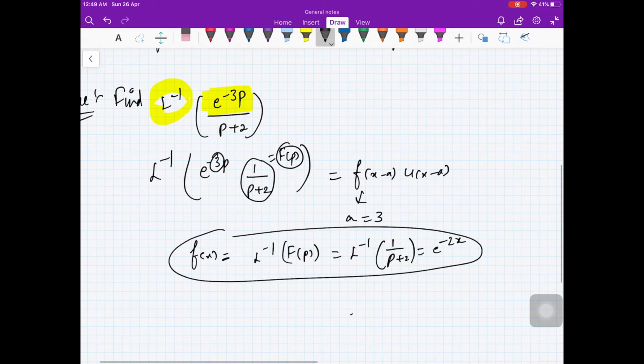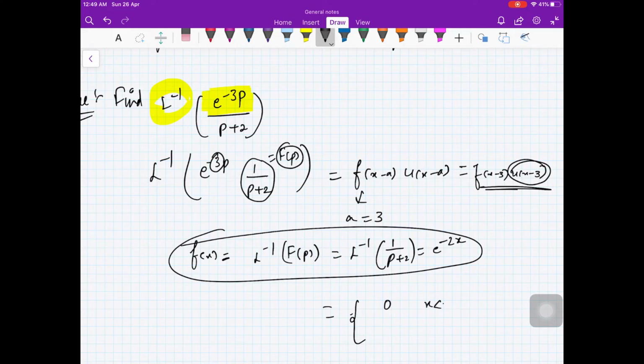So the answer is f of x minus 3 into u of x minus 3. This function is 0 for x less than 3, and u is 1 for x greater than or equal to 3.